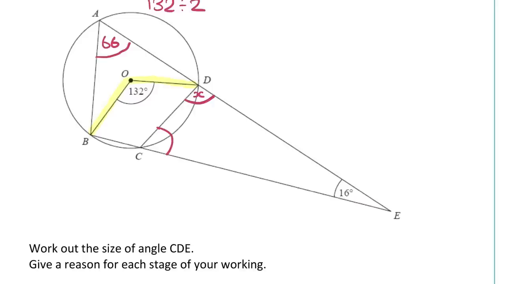So I'd want to write next to that, or you could write it down in terms of actual angle proof. You could say angle BAD equals 66 degrees, and then put your reason with it, because angles at the centre, it just takes a while to write these down, doesn't it?